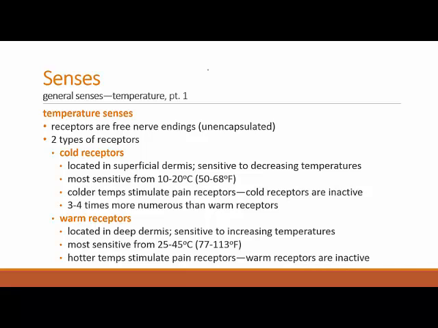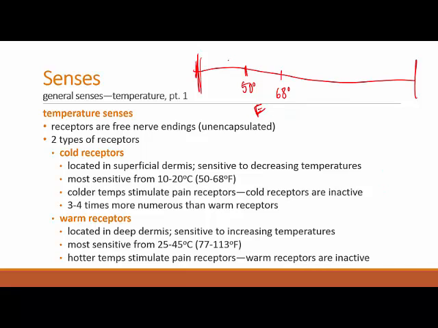Their area of sensitivity, if I'm going to draw here a thermometer, a number line, is that they're most active between 50 and 68 degrees Fahrenheit. We're just going to use Fahrenheit since that's the American way.